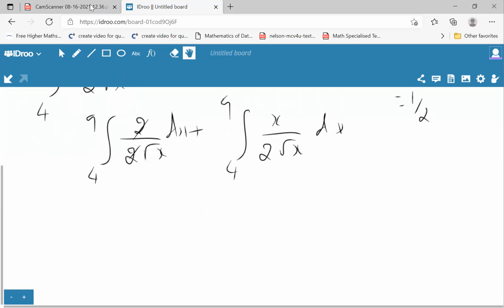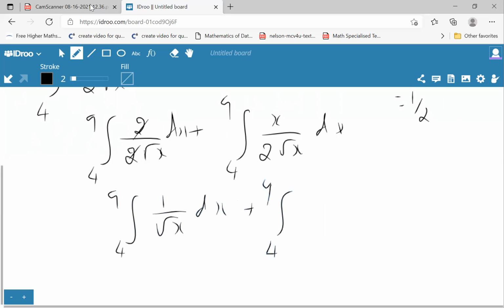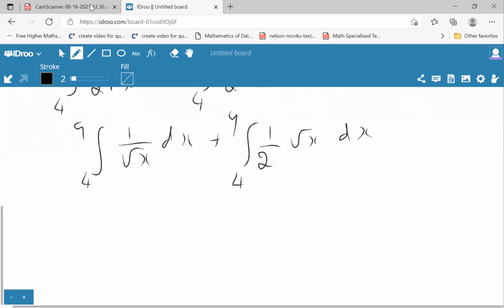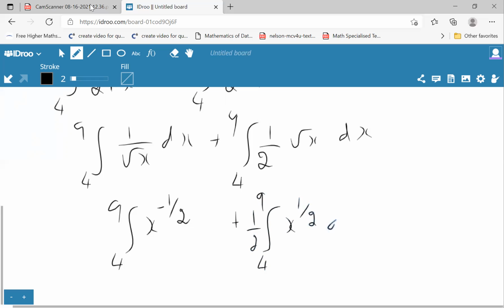So we can write this as integration of 4 to 9, 1 by root x dx plus integration of 4 to 9, 1 by 2, so this now becomes x to the power of half, root x dx. I can write this as integration of 4 to 9, x to the power of minus half, and this can be written as 4 to 9, let us take half outside, x to the power of half dx.